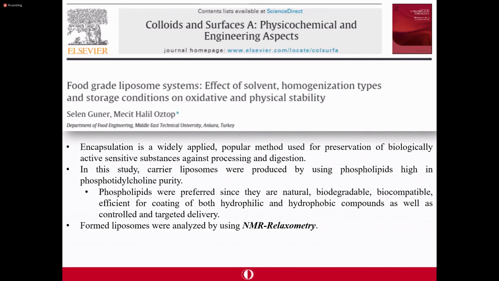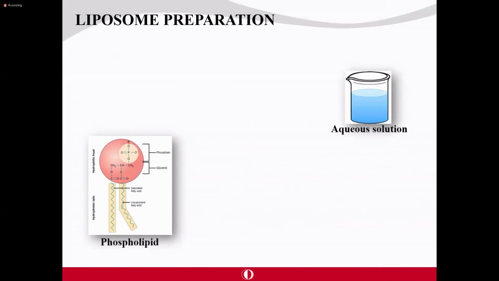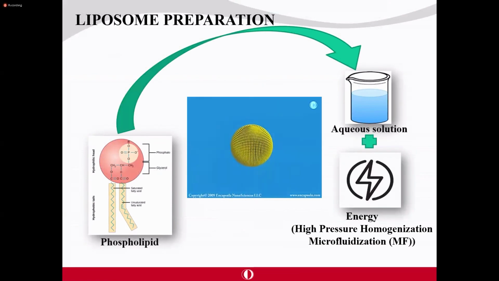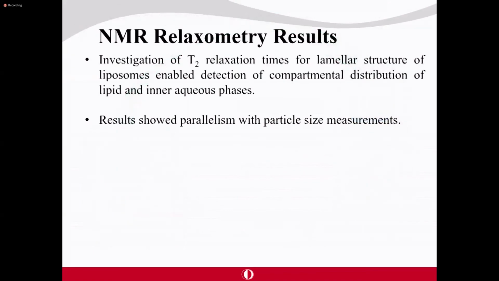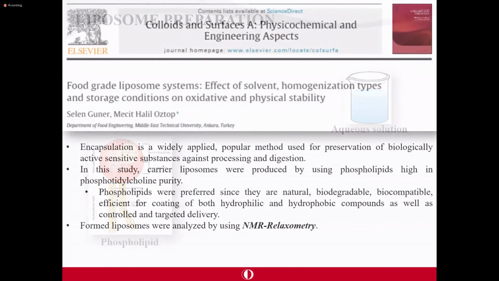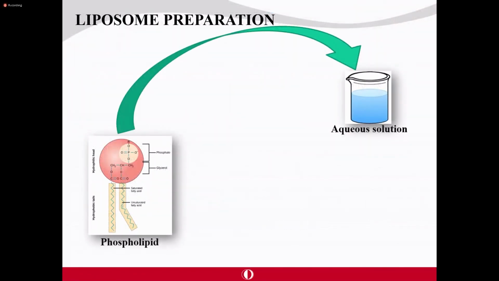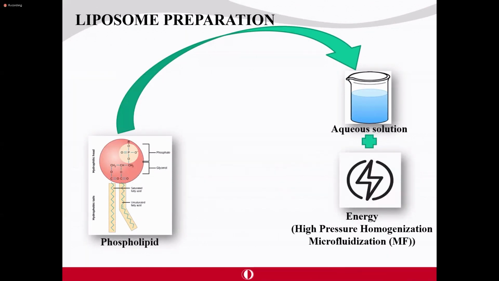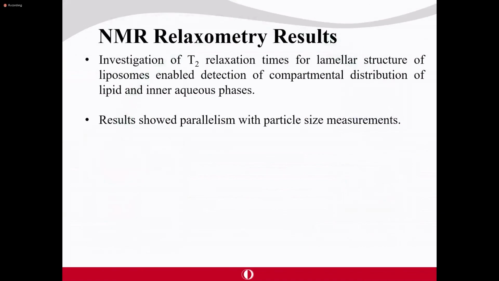This is also one of the applications where we really use NMR effectively. We worked on a system called liposomes. Liposomes are encapsulation systems where we can easily encapsulate active agents, and they are capable of trapping bioactive agents inside. Once they are disrupted, that is an indication of their instability.